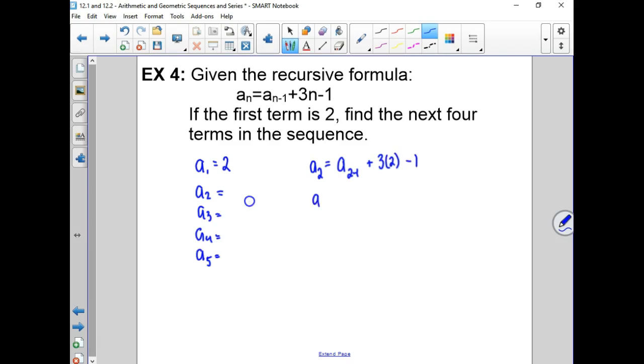So a sub 2 would equal a sub 1 plus 6 minus 1. And a sub 1 they gave to us, it was 2. So I'd have a sub 2 equals 2 plus 6 minus 1. And whenever I evaluate that, will give me 7. So a sub 2 would be 7 there.